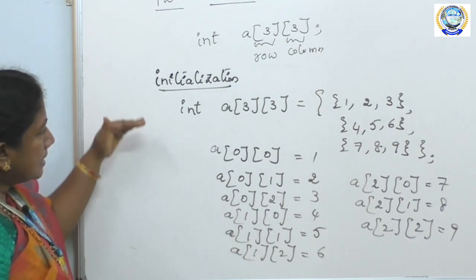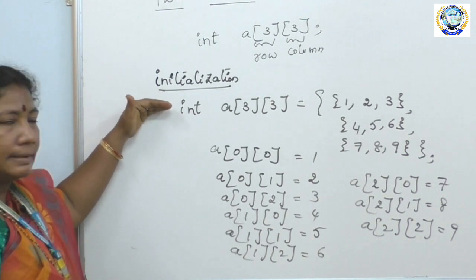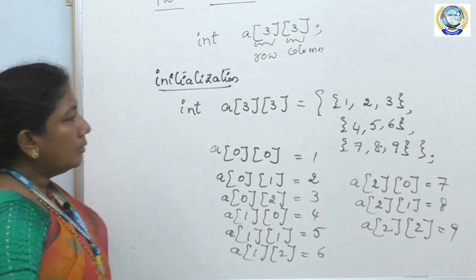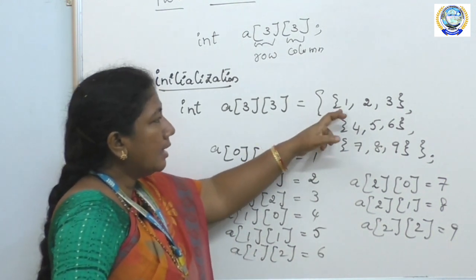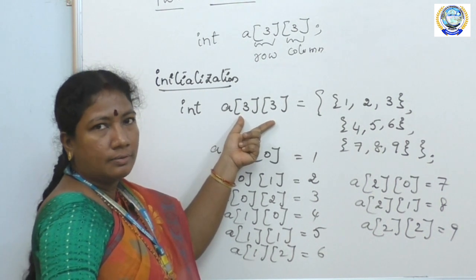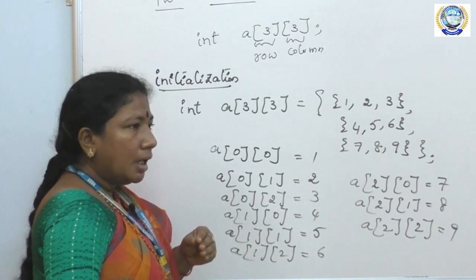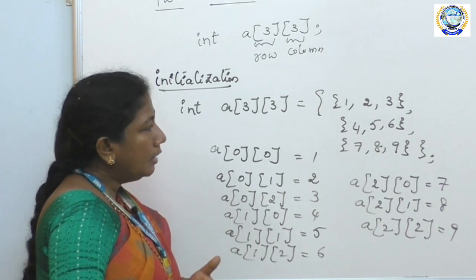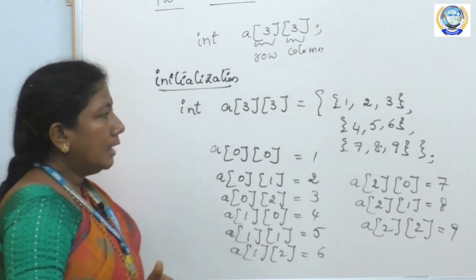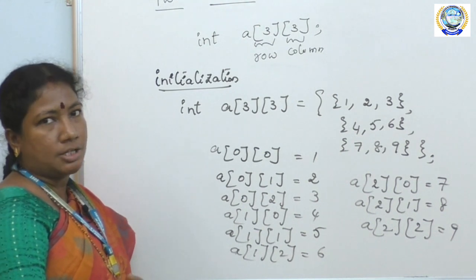Okay, so this is nothing but initialization at the time of declaration. Here we have to give all the necessary values to the necessary locations of the array. If we miss any value here, then the compiler will assign zeros directly to that particular location.